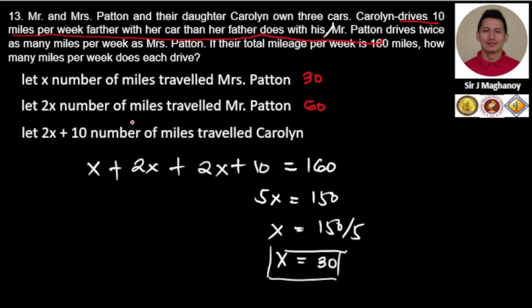That is 2x plus 10, 60 plus 10, that is 70. Okay, if we sum the three, 30 plus 60 plus 70 is 160 miles, which is equivalent to the total travel distance. So if we check, both sides are equal, so we can assume that our answer is correct. Okay, moving on to our next supplementary problem.